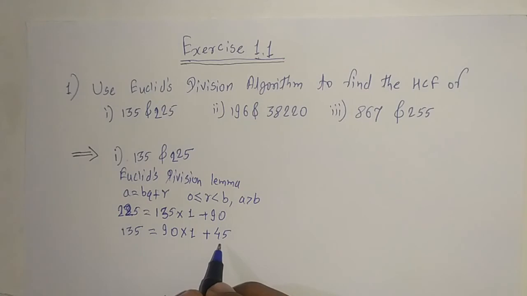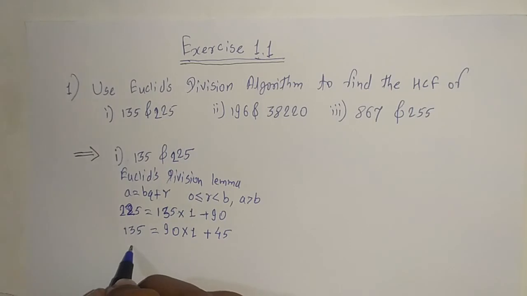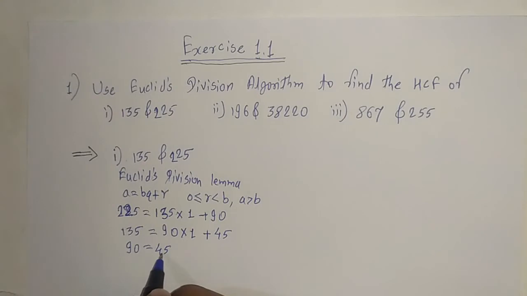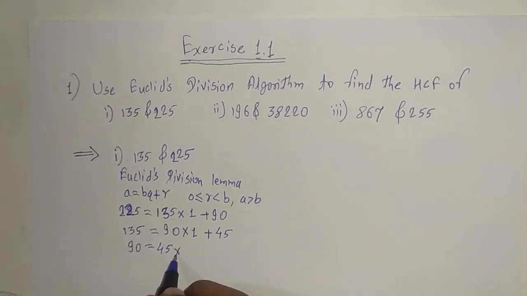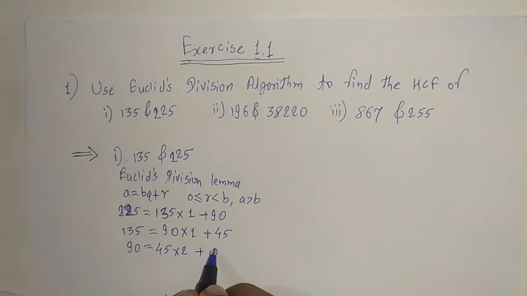Then remainder is also not 0, then we have to apply the division lemma one more time. 90 equal to 45, what will be the quotient? 45 into 2 will be 90, plus remainder will be 90 minus 90, it will be 0.